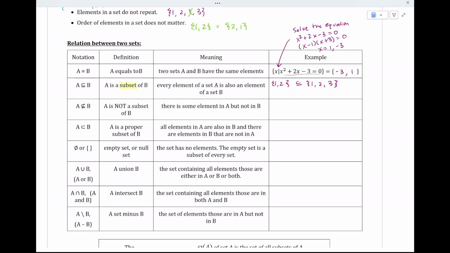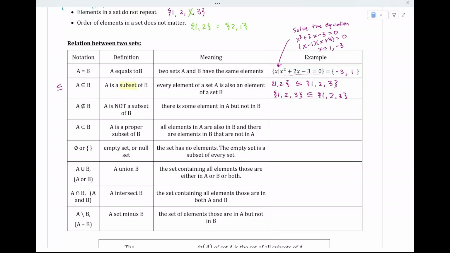Another thing that I could say, this is sort of like a less than or equal to, this subset notation. And so I could also say that the set that contains 1, 2, and 3 is a subset of the set that contains 1, 2, and 3. So all of the elements in this first set are in the second set. There's actually no elements that are not included, but that's okay with this subset notation.